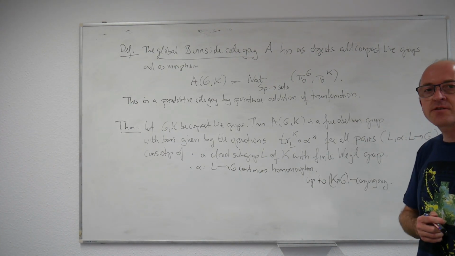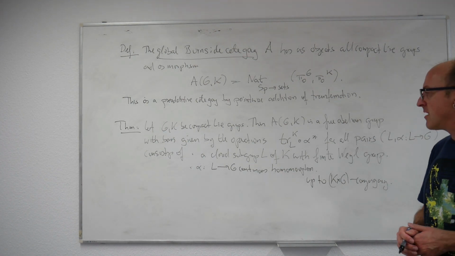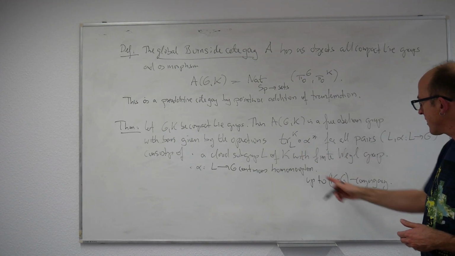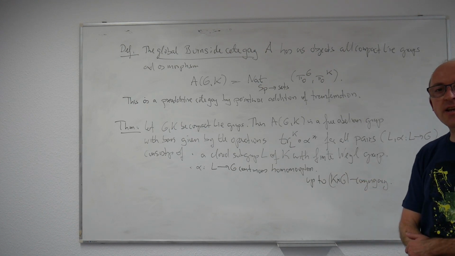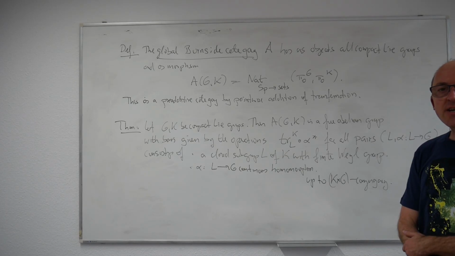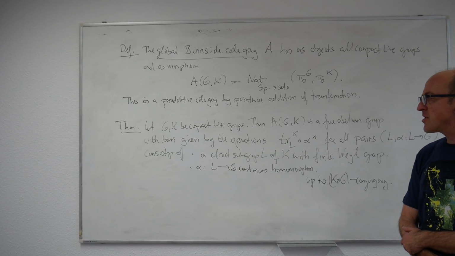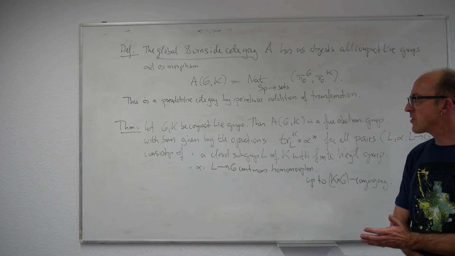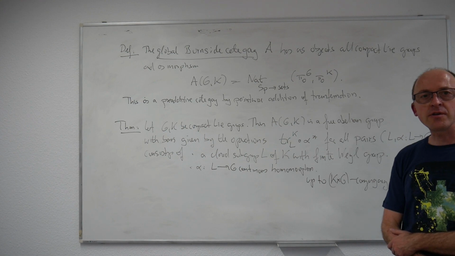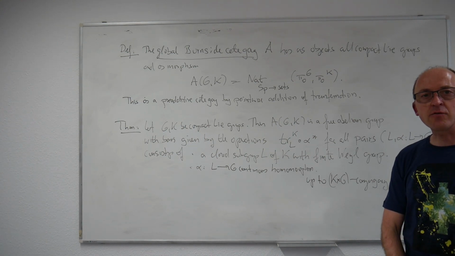So every natural transformation is uniquely a finite Z-linear combination of these operations as long as we take K times G conjugacy classes. This is the first major result. This is really truly of a global nature, and it needs quite some different inputs. It will take us more than one lecture to prove. And this is a wonderful point to stop today's lecture and to thank you for your attention.